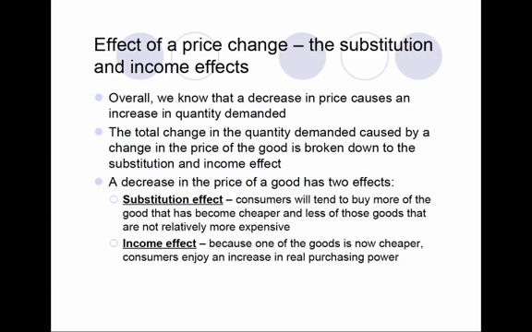By purchasing power, we mean that my income can buy a certain number of products. Well, it can buy more of those products if the price has decreased. So I'm going to feel richer, even though I'm not really richer. That's going to be our income effect. So both of these are going to be happening whenever the price is changing.